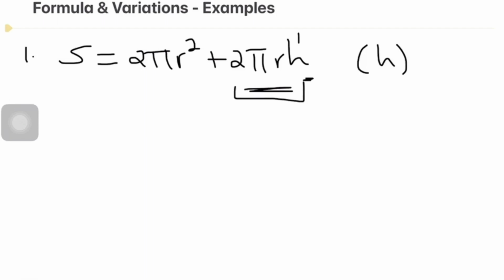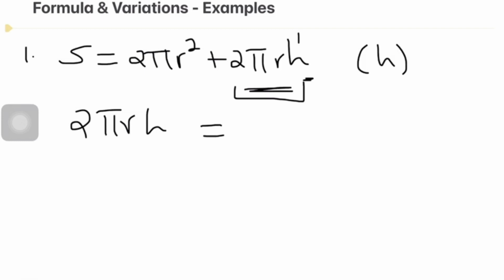So we bring the 2 pi r h to the left hand side, then the other terms now to the right hand side.